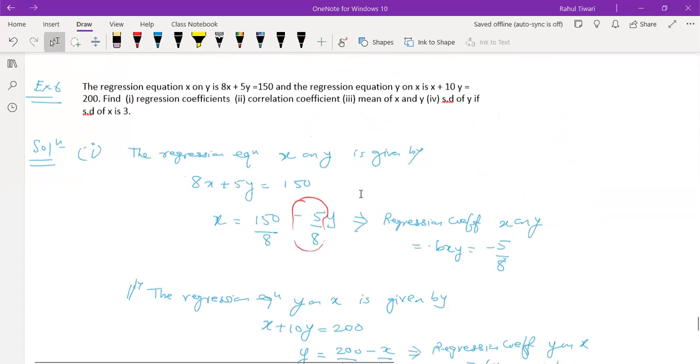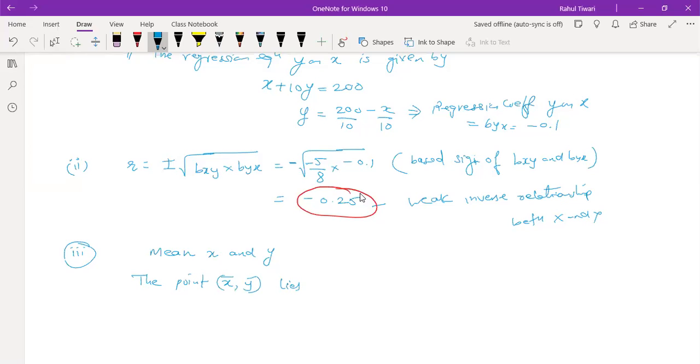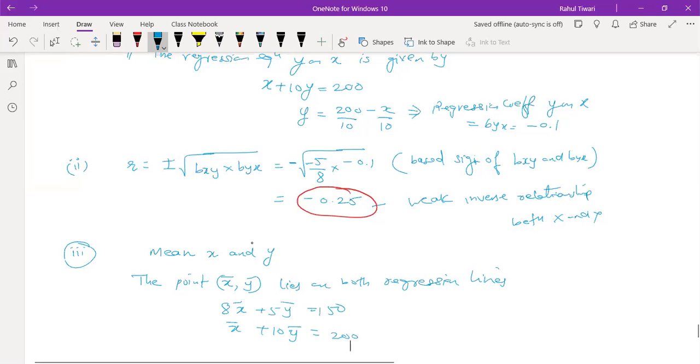Can we go ahead now? Mean of x and y. Now see, can you understand this one?